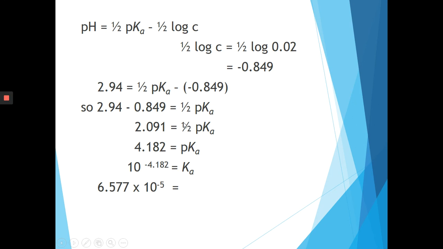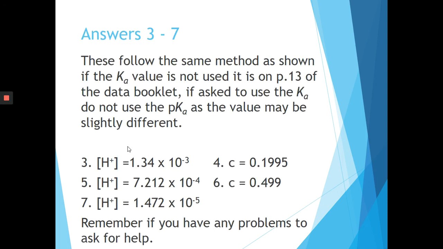Now, to get pKa on its own, you're going to have to multiply through by 2. Then, so as we can get Ka, we need to take the inverse log of the negative value for here. Okay, we did do this in calculations the other week, and please remember when you're doing the inverse log, you put the negative value in. Again, have a go at this one and see how you get on.